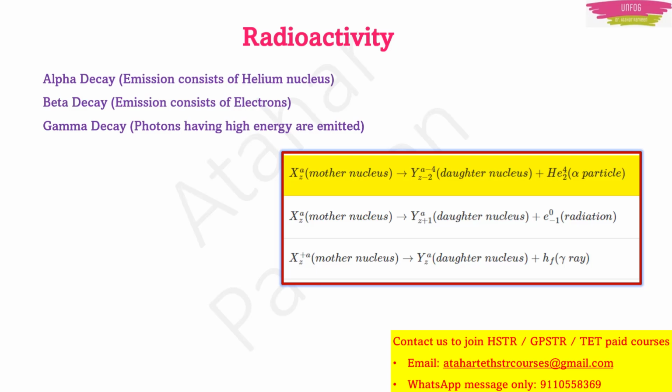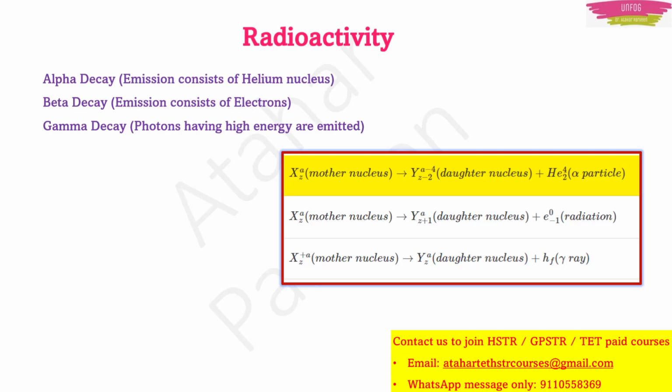See, in the first reaction, we call the actual radioactive substance the mother nucleus. Before radioactivity is happening, that actual radioactive substance is the mother nucleus. It will have a certain mass number and a certain atomic number. Now after radioactive decay, that mother nucleus will emit an alpha particle, which comes out from that mother nucleus, right?